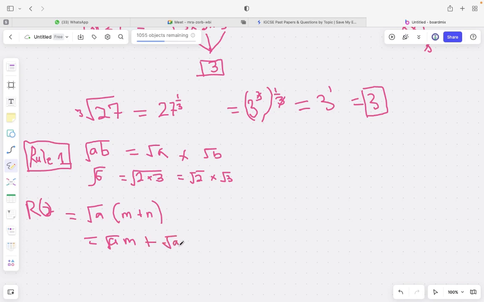This is another rule. This is called the second rule of surd, or the second rule of square root and cube root.